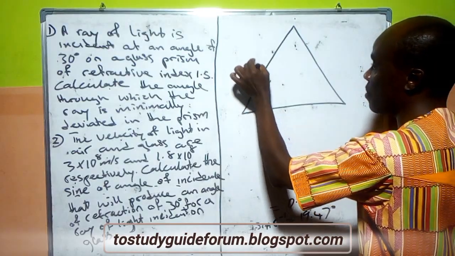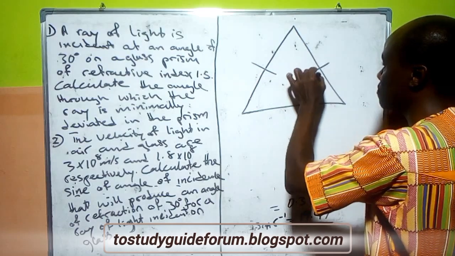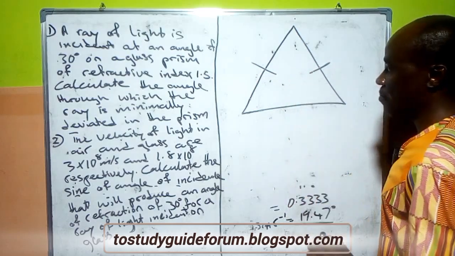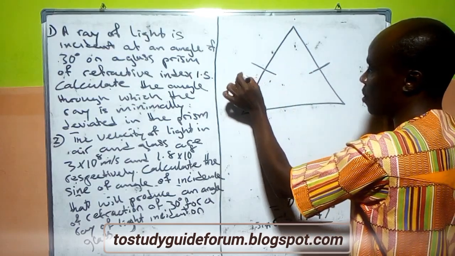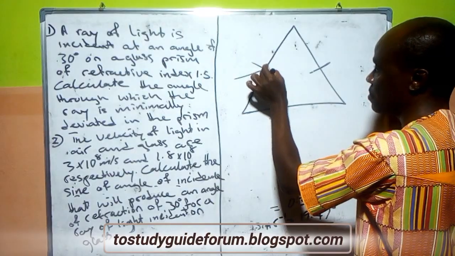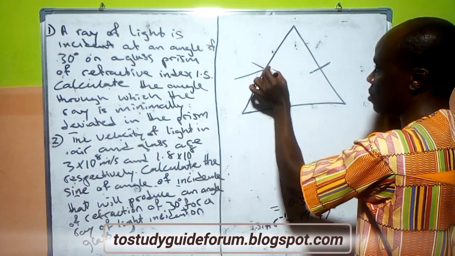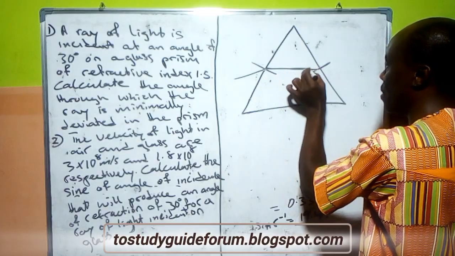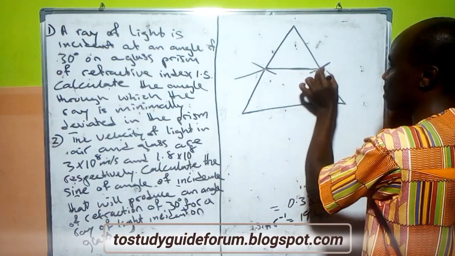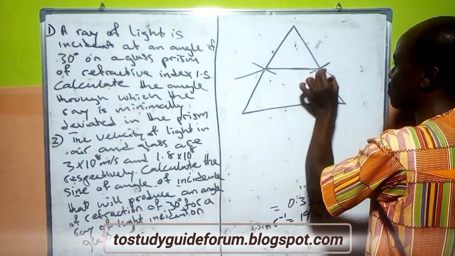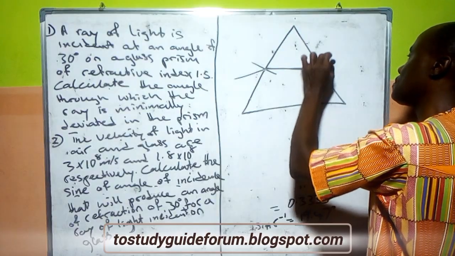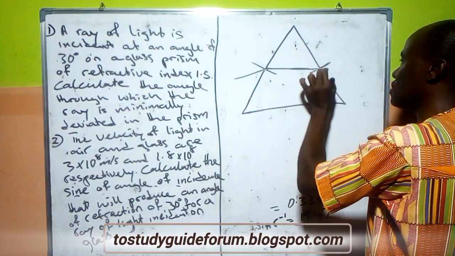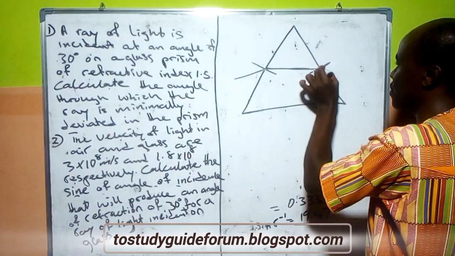Assuming this is our normal, and the ray of incidence passes through here, then it will refract, and after refraction it will come out of this place.